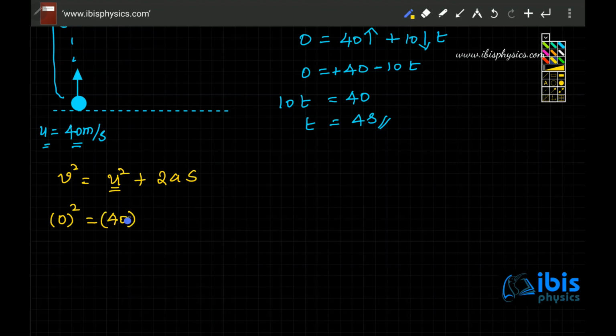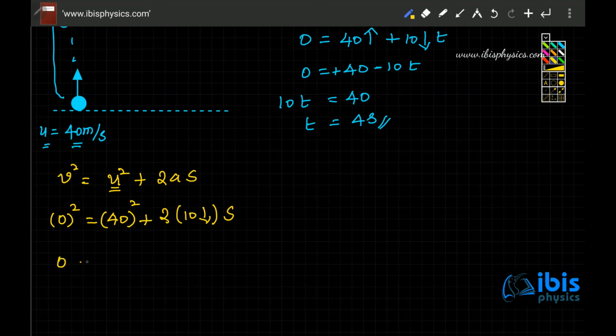So it is 0 square equals 40 square plus 2 into the acceleration, which is g downwards, 10 downwards, into displacement.